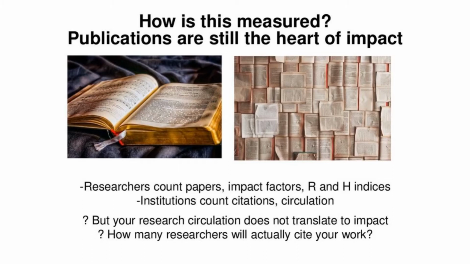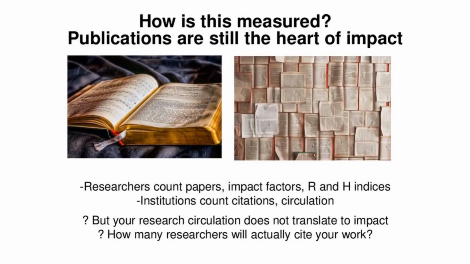R indexes and H indexes we'll talk about in a minute, but your H index is your personal citation index as a researcher, measured against the number of papers that you've published personally. So, for example, somebody has an H index of 6, that means that they've published at least 6 papers that themselves have been cited at least 6 times.